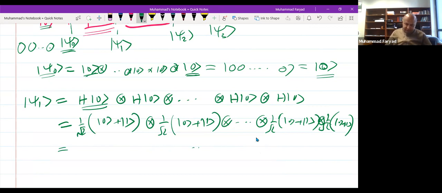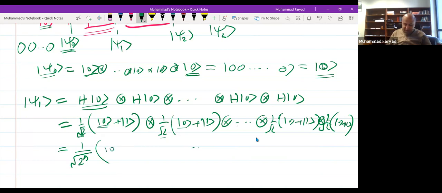I can write it in a short form like this. First of all, this 1 over square root 2 is present with all n qubits, so let me collect it together. So this becomes square root of 2 to the power n. Actually it is square root 2 and then the whole power n, but I took n inside. And then let's see what is over here. This 0 multiplies with this 0, 0, 0 of all states.